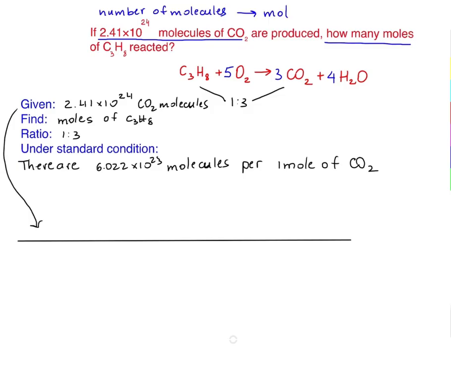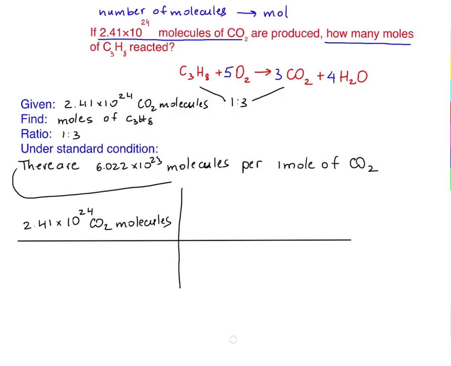So now, since we have everything, we just plug in, and as always you write the given numbers first. The given is 2.41 times 10 to the 24 molecules of CO2, or CO2 molecules. Then you make sure you divide it. The second part is the standard condition, and you can also write the ratio.